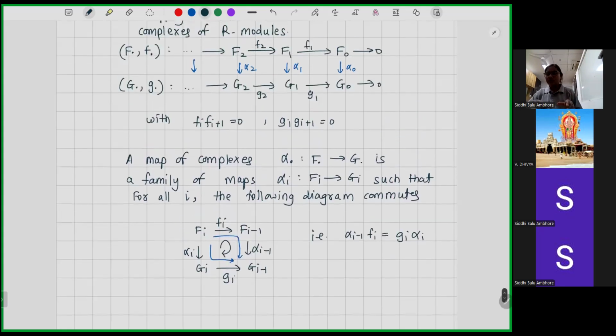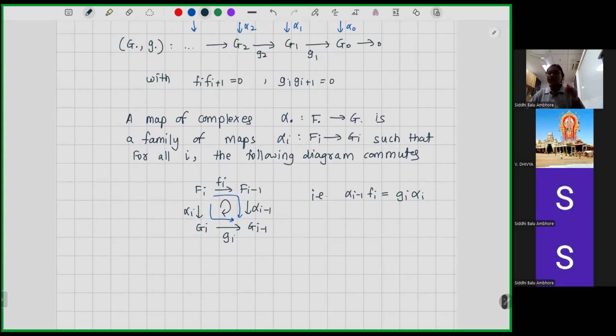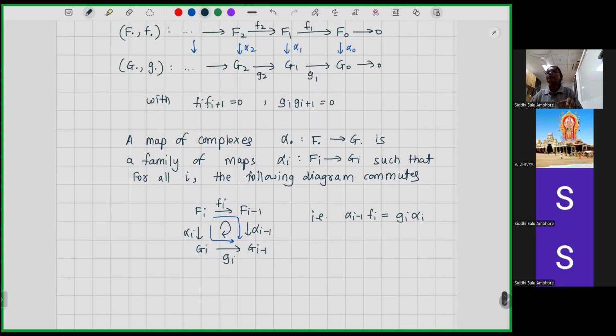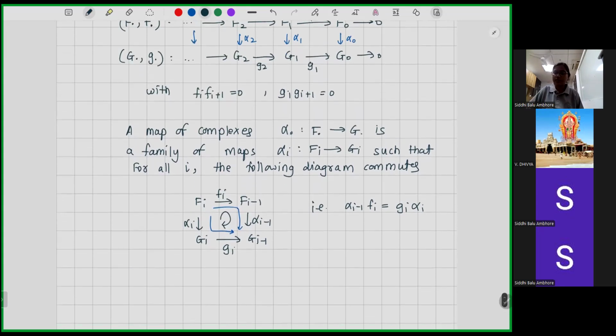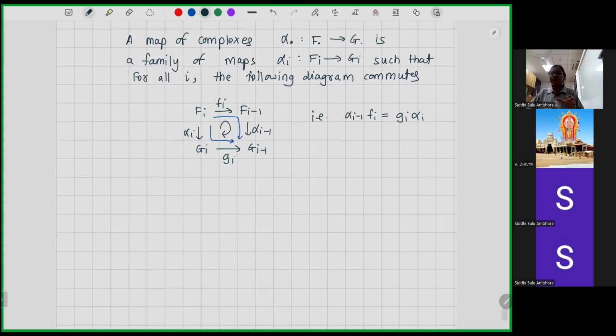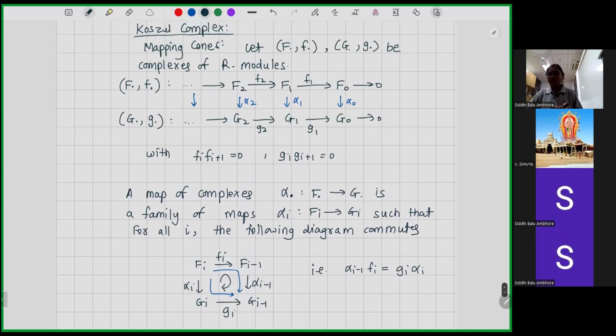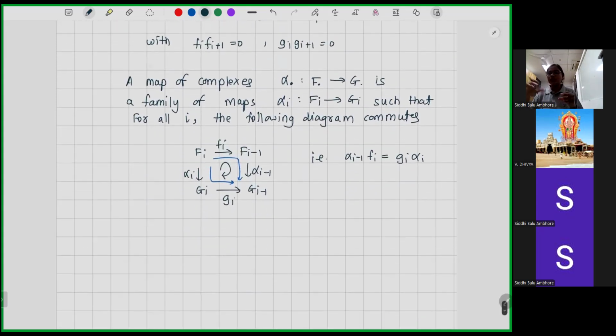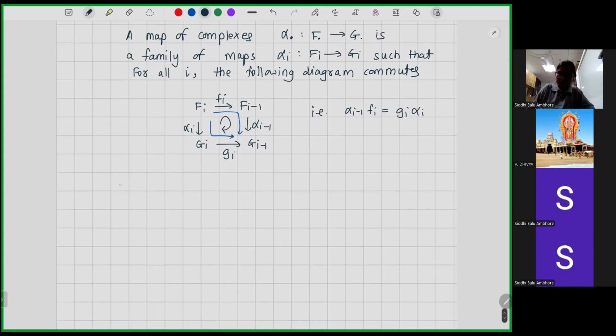So it is a collection of all these maps alpha i's. I had these two complexes, and between them I have a map of complexes, denoted by alpha dot. Using this information, we try to create a new complex altogether. How do we construct that?